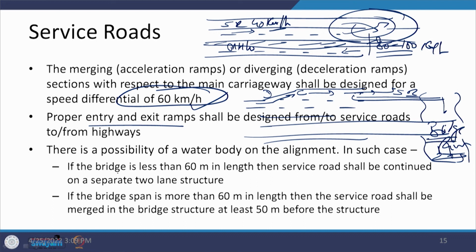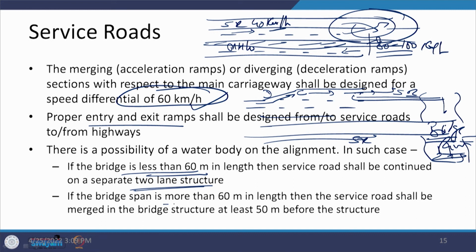Now, if the span is less than 60 meters and there is a requirement to take the service road to the other side of this particular bridge, then what it says is that a separate two lane structure should be created apart from the main bridge, which is going to be utilized by those vehicles which are of local nature of movement.